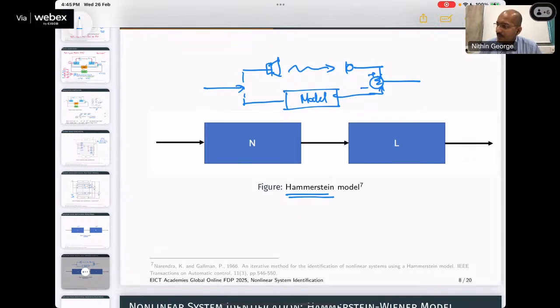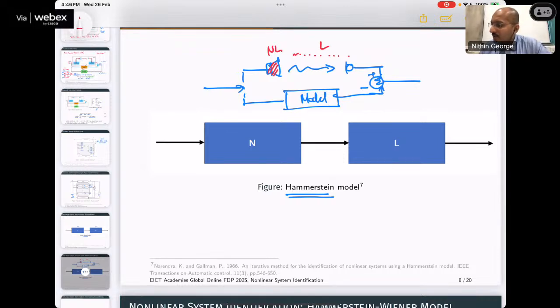But as I told you earlier, this part is likely to be nonlinear, and this is most probably linear. So the entire system is a cascade of nonlinear and linear. The model I select could also be a combination of nonlinear and linear. That could be a good match, where the N block will try to model the nonlinear part and the L block will try to model the linear part.